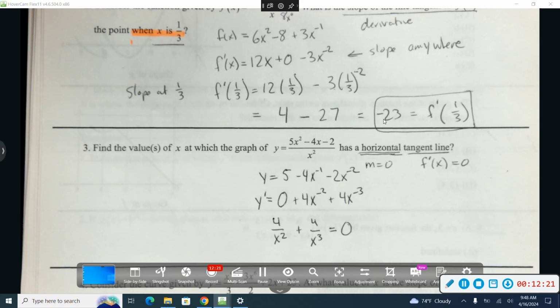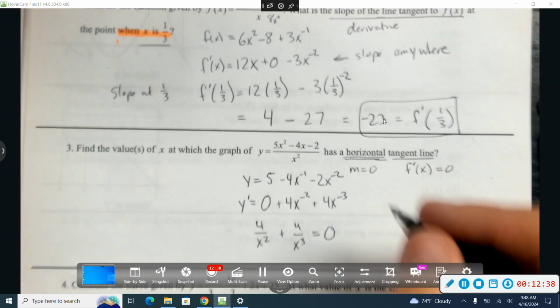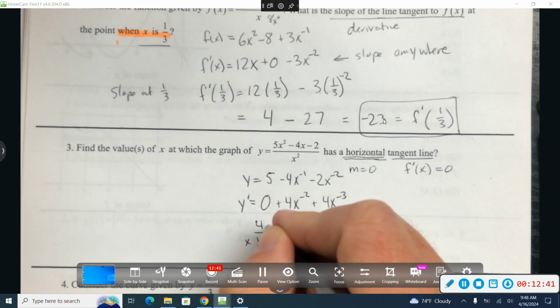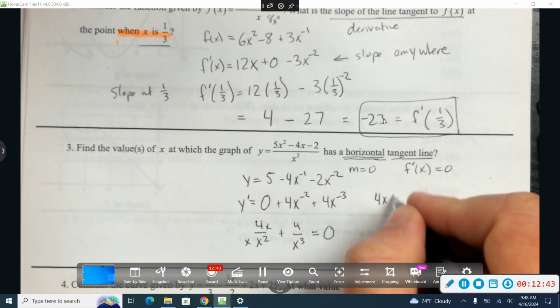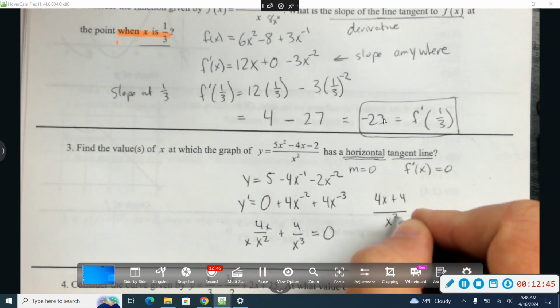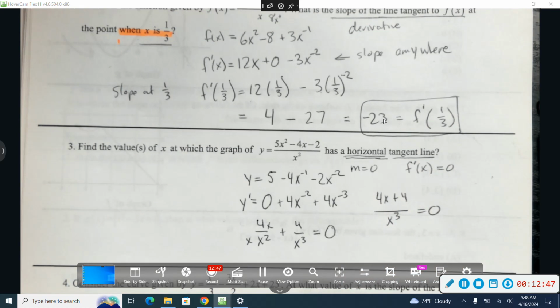So common denominator is one answer. What was the other? You could multiply through by x cubed, and that would wipe out the denominators. But those are similar answers. We'll go common denominator first. So 4x plus 4 over x cubed equals 0.